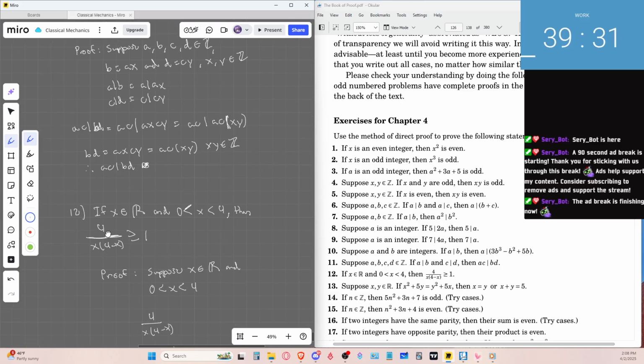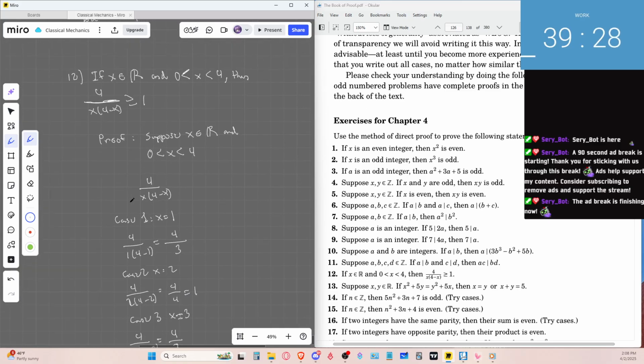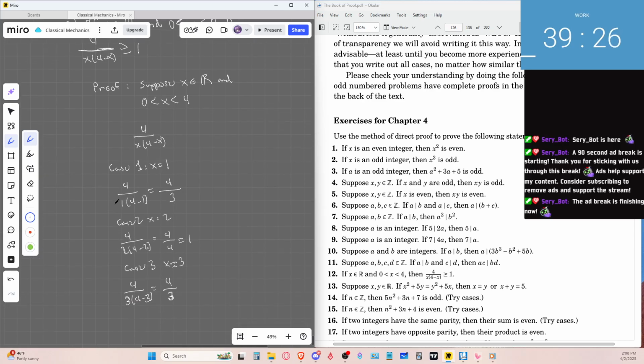But these are the natural numbers, and given the range, so if it was 1, and it can equal 4, we're given these cases here. I'll just write scratch work, because I don't think this is going to be involved with the proof.